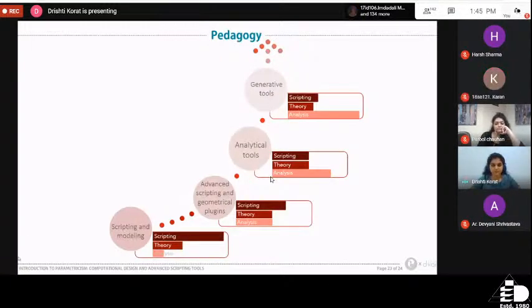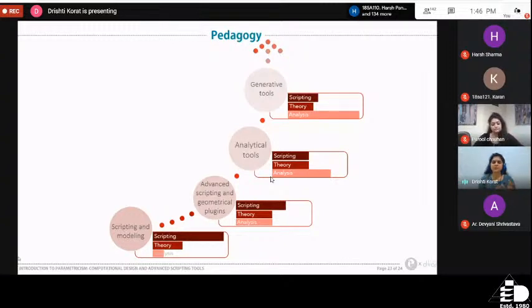Lastly, we'll look at the pedagogy of such methods of learning, which is broken down into 4 levels. First we'll start off with scripting and modeling, where we look at how to script your designs using Rhino and Grasshopper, and briefly touch upon the theories related to these forms, these terminologies, and the methods that we're using.